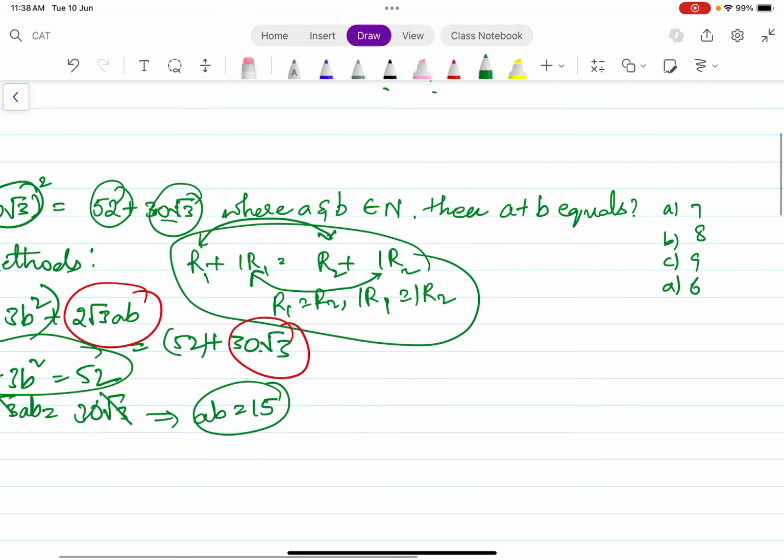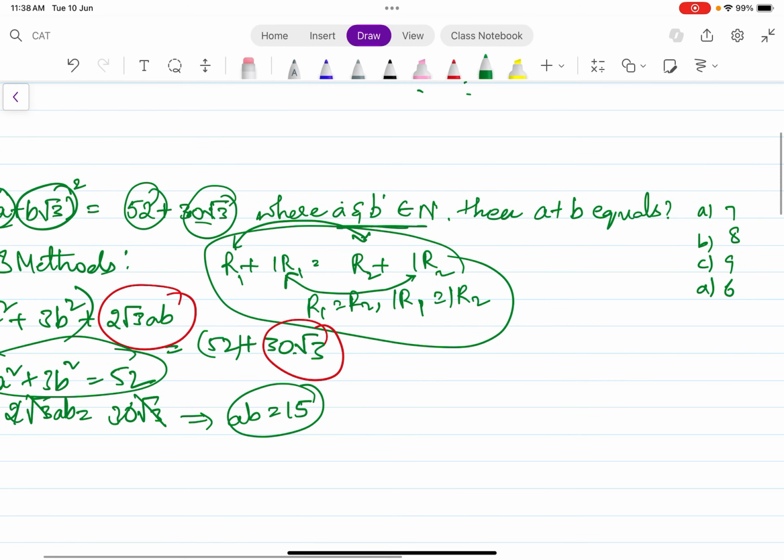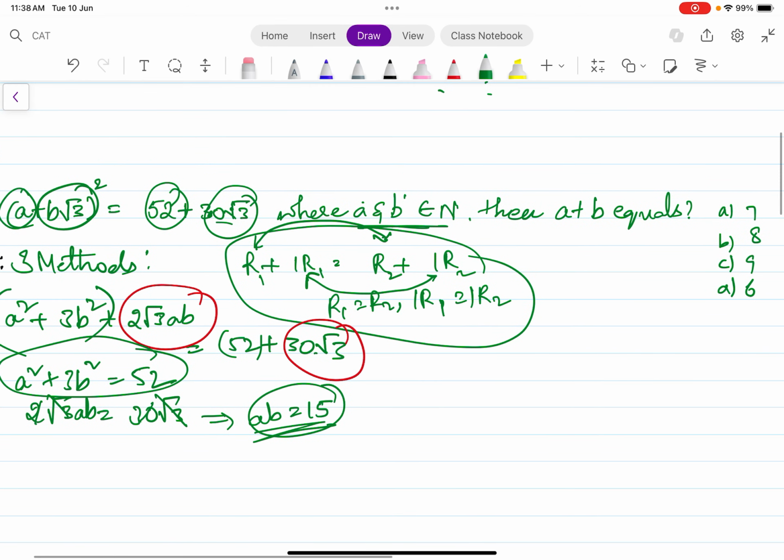So all the options are single digits, right? Now if you look at the statement here, a and b are natural numbers. So what are the natural numbers that satisfy this one? So before even attempting to solve these two simultaneous equations, you can come up with say 1, 15, 3, 5. These are the only 4 numbers which satisfy a into b equal to 15, which are natural numbers. So the sum of these two is what they are asking.